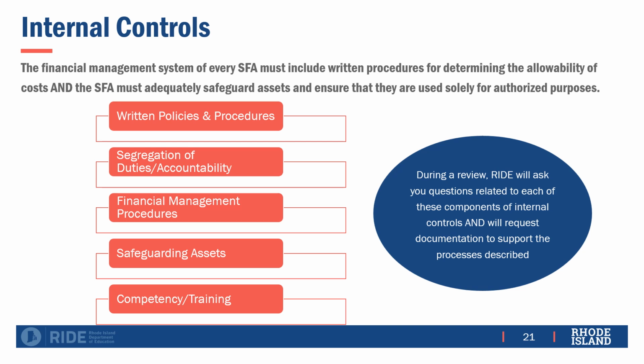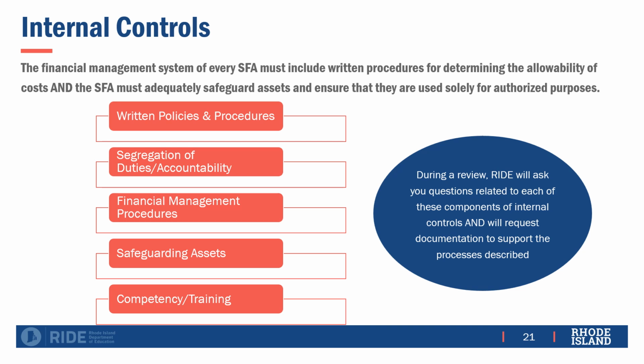The SFA must also adequately safeguard all assets to ensure that they are used solely for authorized purposes. As part of the administrative review process, RIDE will ask SFAs a number of questions that are intended to assess the strength of the SFA's internal controls over allowable costs and other program requirements.